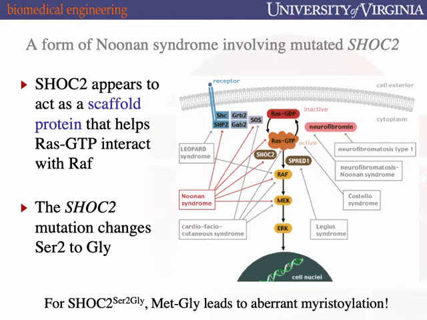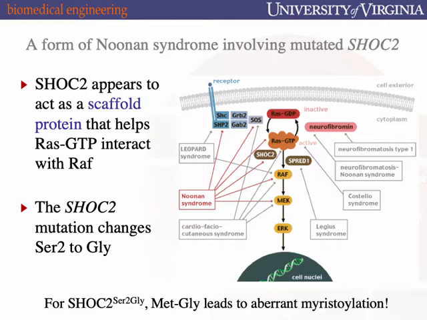Two different post-translational modifications are giving rise to them going to the inner leaflet of the plasma membrane, but now they're both there. When they're both there, because shock 2 can also bind RAF effectively and access that scaffold, the net result is now RAF is almost constitutively at the plasma membrane. And chemical reactions, binding events happen very fast, much more rapidly on a surface than they do in solution, like in the cytoplasm.